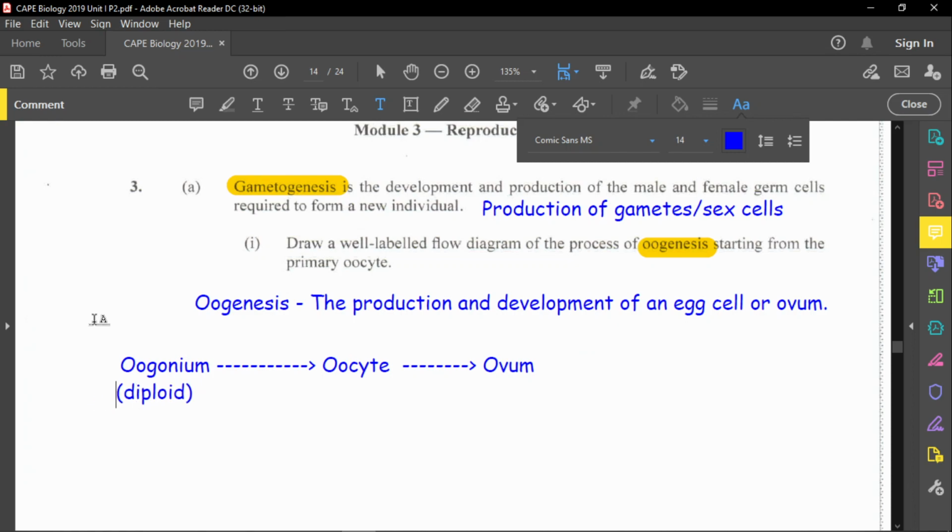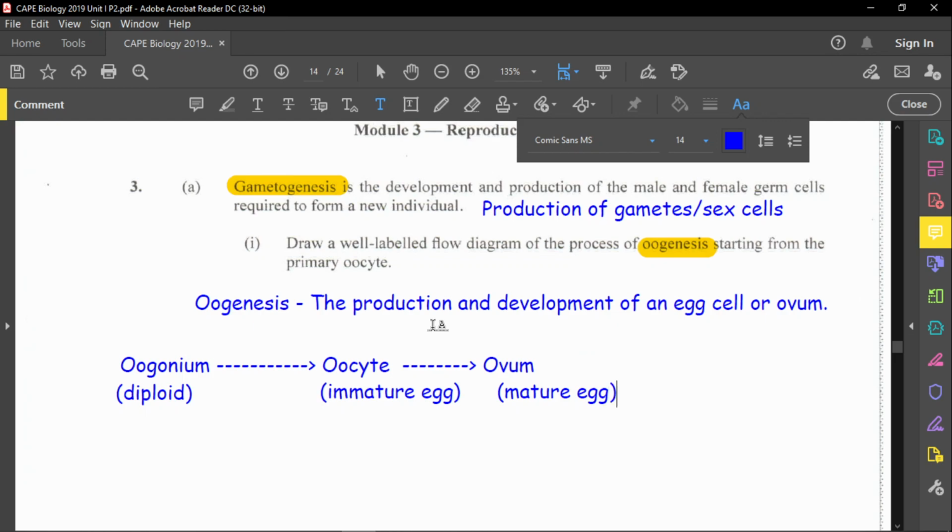They are diploid and they produce oocytes, and oocytes are immature eggs. The ovum will be the mature egg. Just to make you understand that.